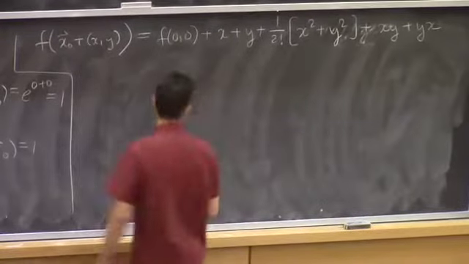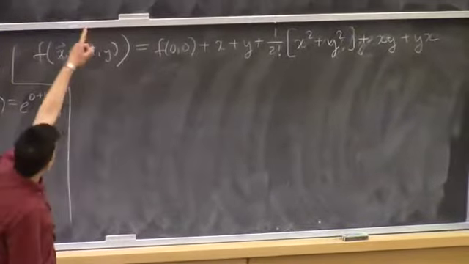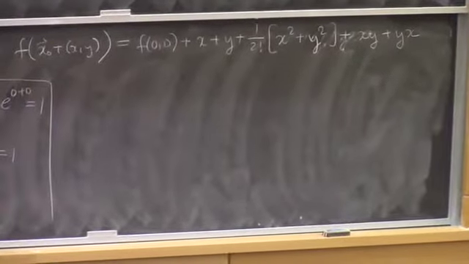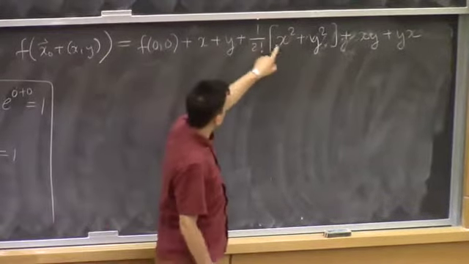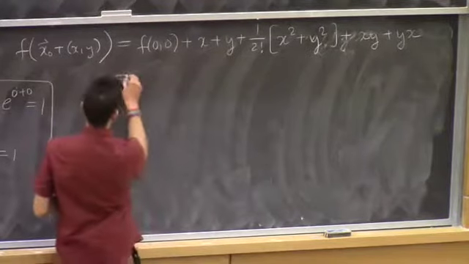Inputting all the values that we have into this formula, all of the derivatives are 1, so we put 1s everywhere, and we get the following thing.